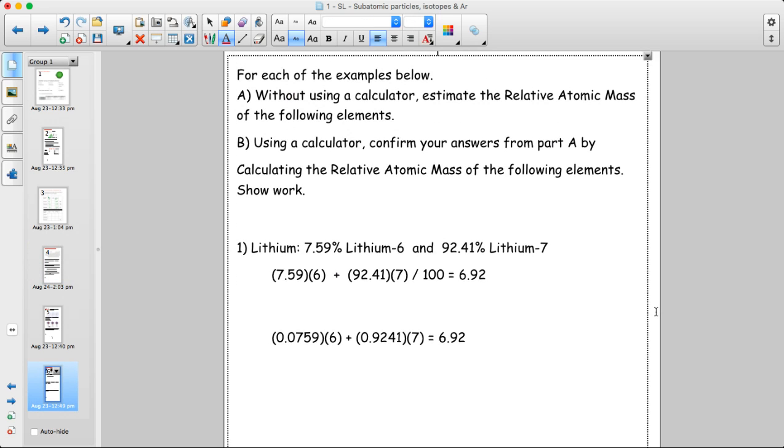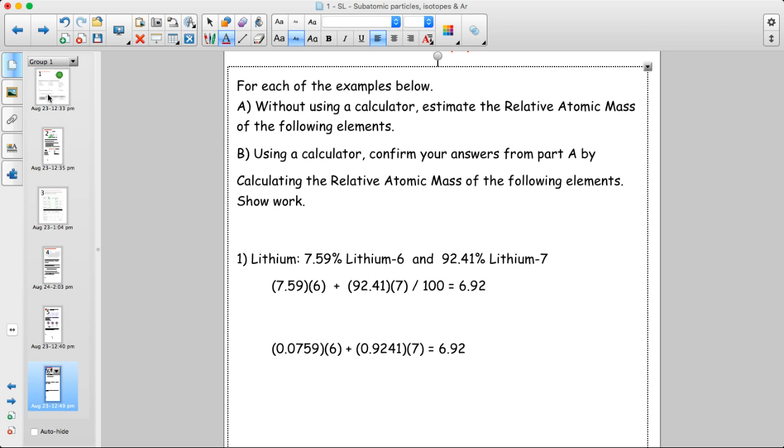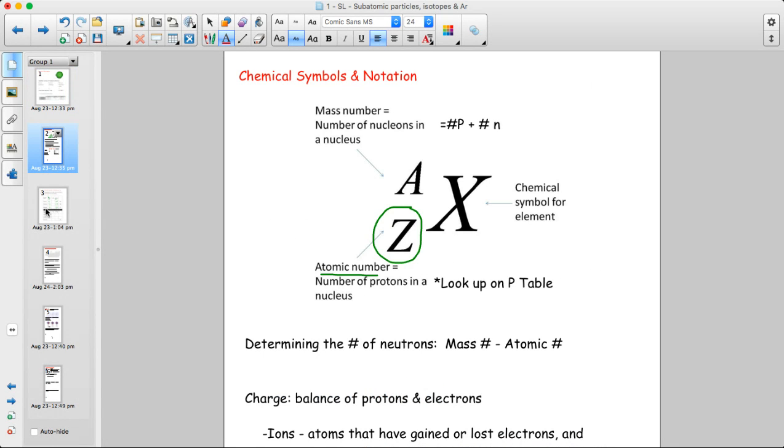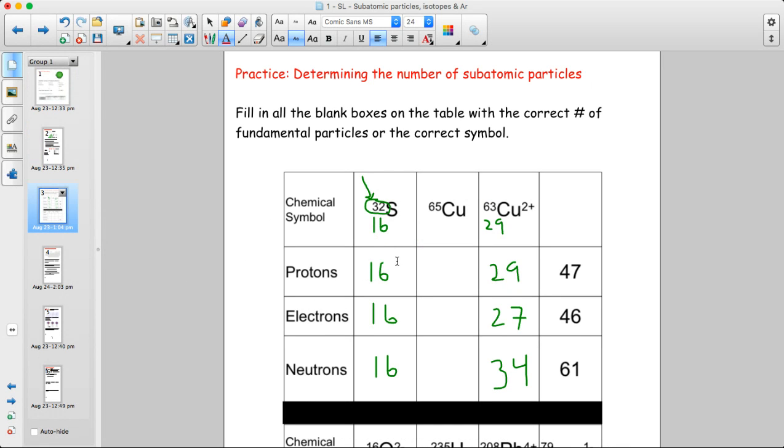Okay, so we'll do more practice in class, but to recap, we've got fundamental particles inside of atoms. They've got different charges and masses in different locations. Given chemical symbols, we can calculate mass numbers, numbers of neutrons. Charges allow us to calculate number of electrons and vice versa.